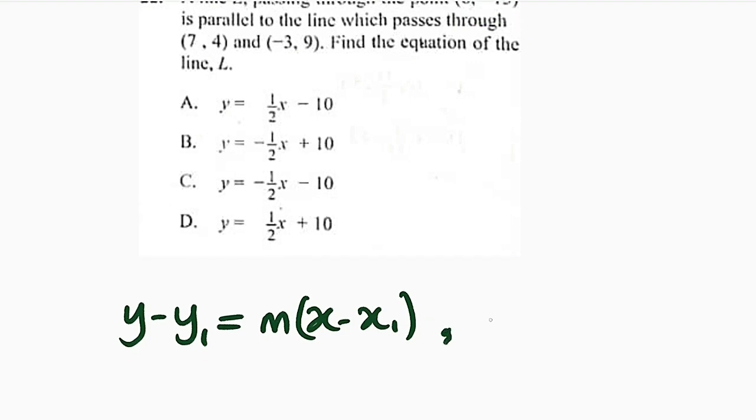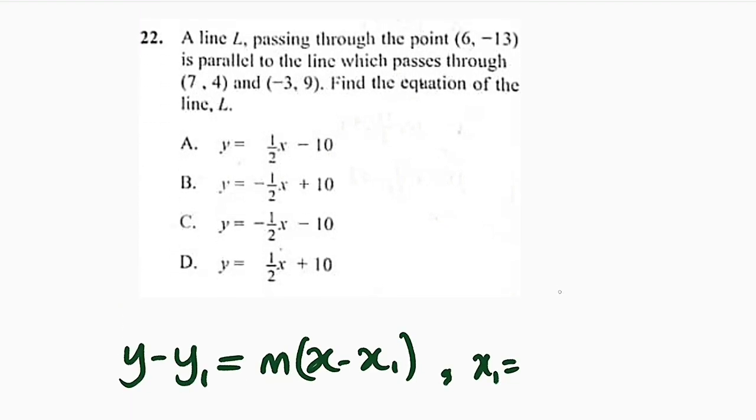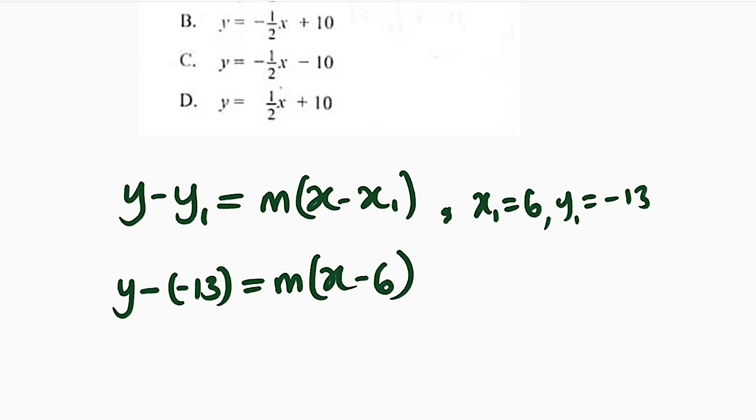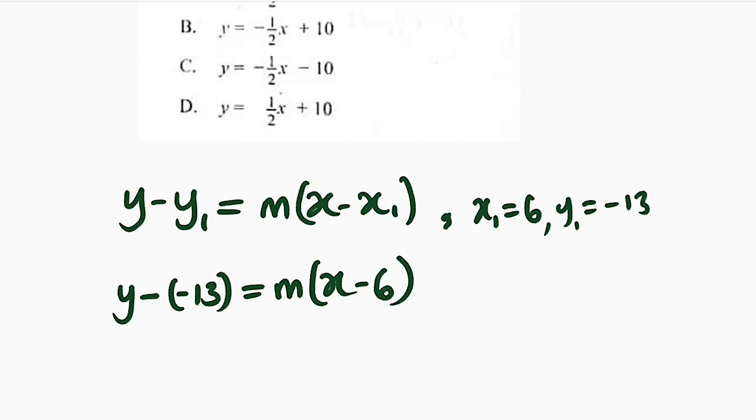And hence, we can say that our x1 is equal to 6 from that point, and y1 equal to -13. So we can plug them back here. We have y minus y1, which is -13, equal to m times x minus x1, which is 6. So the only thing we need to find here is m.